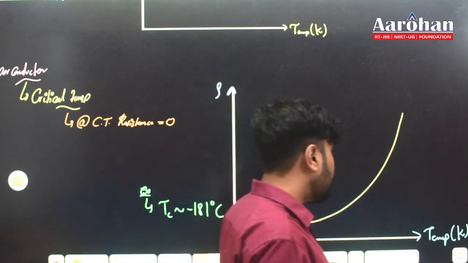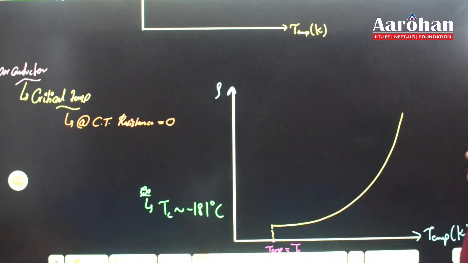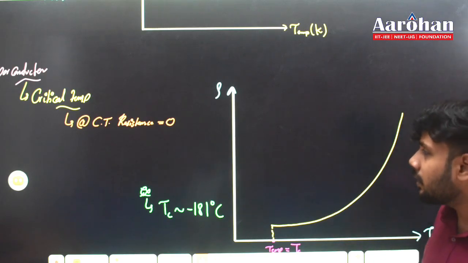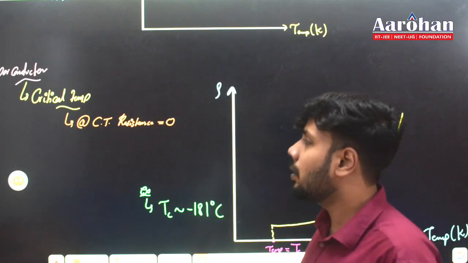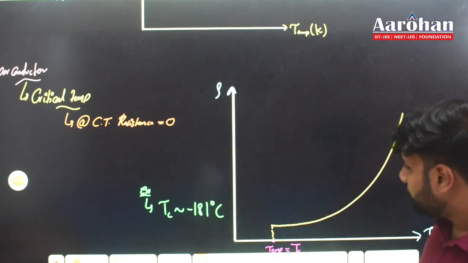So you can see the temperature is much lower, and most of these electronics do not function at that low temperature. So we are working to achieve a superconductor which can work at a much higher temperature. Got it?